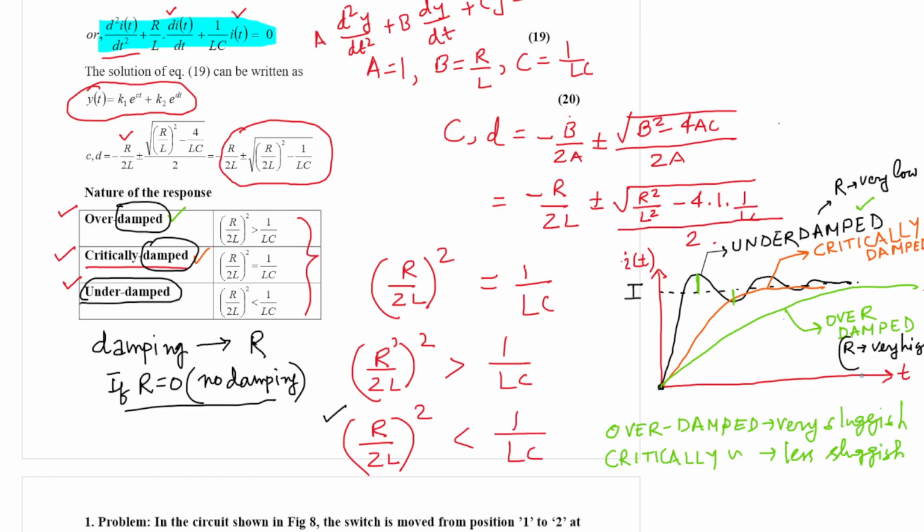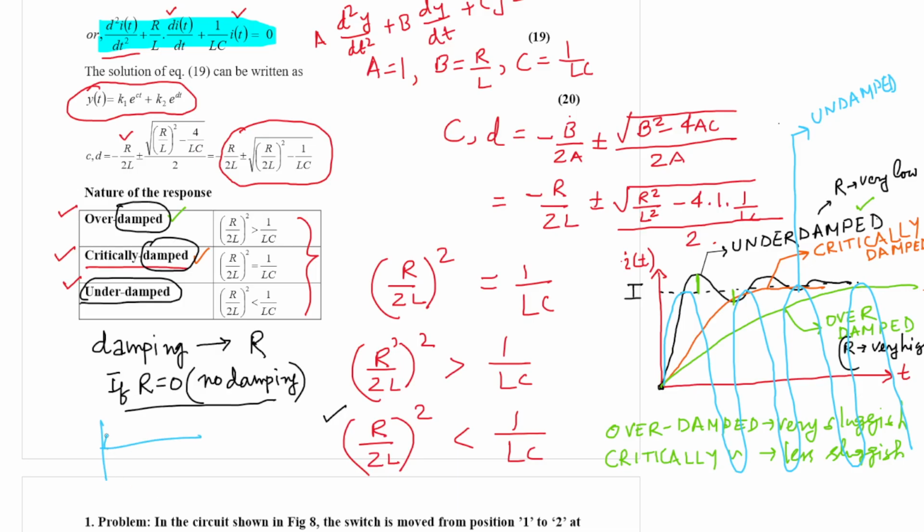If a system has no damping, then your response will be like this. Your oscillation will never die out. This type of response is called undamped response. It will continue like this.